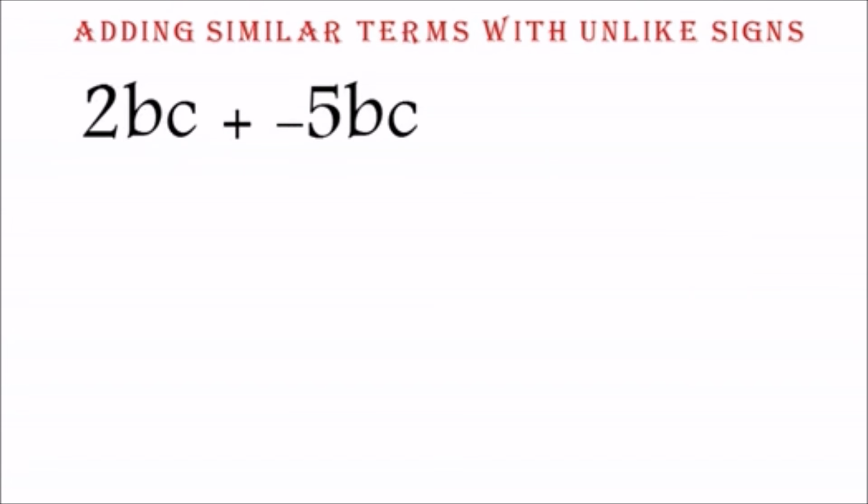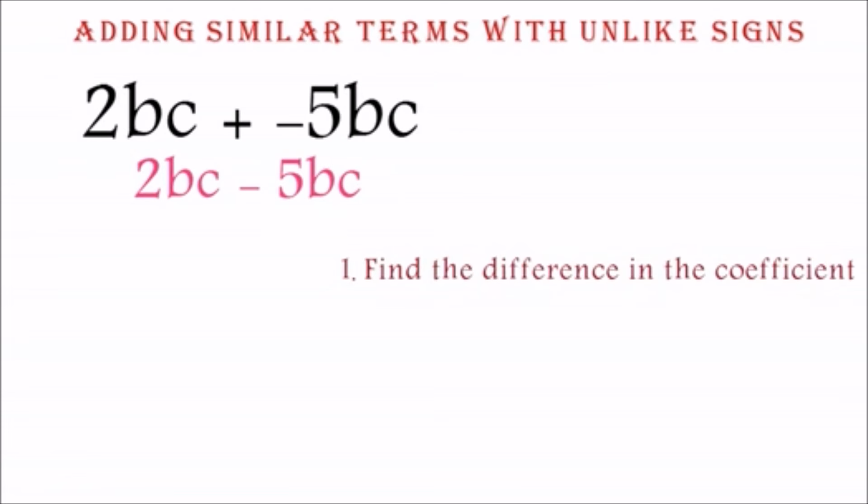Adding similar terms with unlike signs. Here, one of the terms is positive and the other is negative. Again, 2bc plus negative 5bc could have been written simply as 2bc minus 5bc. First, find the difference in the coefficient.